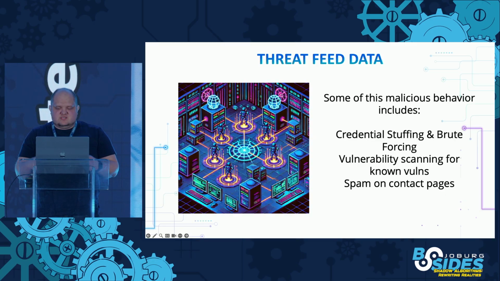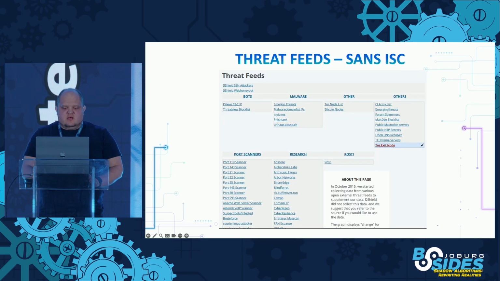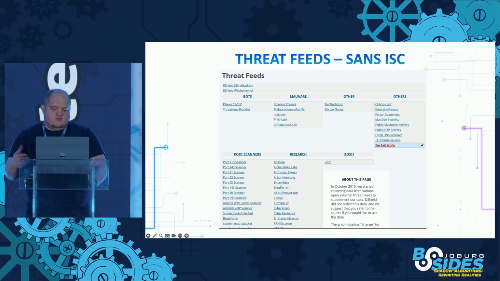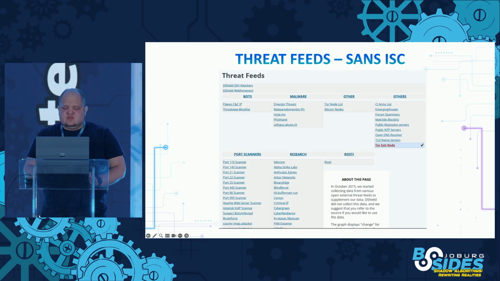A lot of this data is gathered through honeypots and other mechanisms of malicious behavior. This includes credential stuffing, brute forcing, vulnerability scanning, spamming, and a bunch of other malicious activities. SANS provides probably the largest collection of threat feeds for this malicious activity. This includes scanners, emerging threats, Tor nodes, and more.